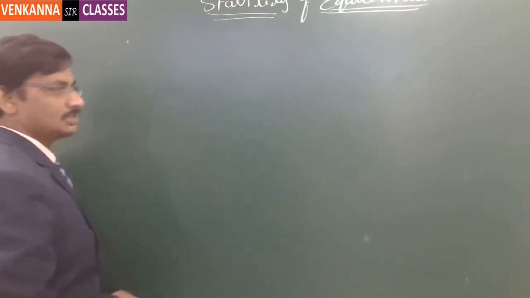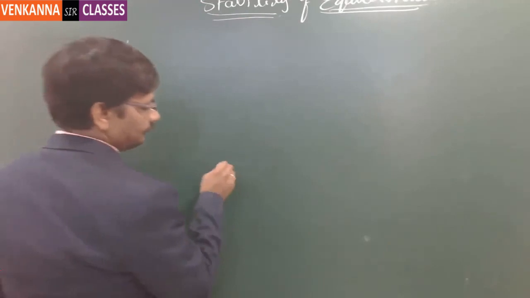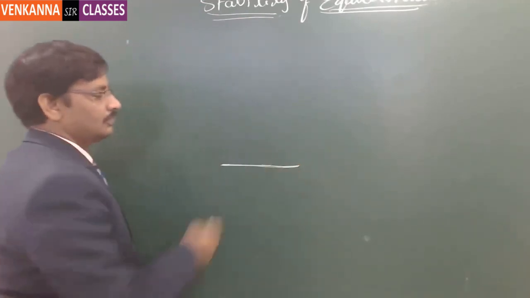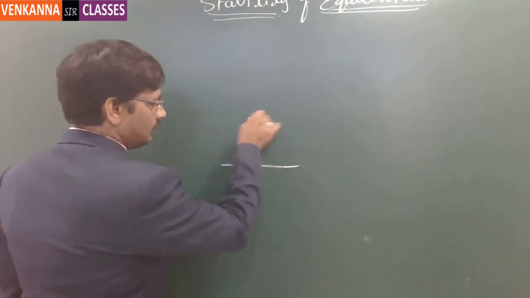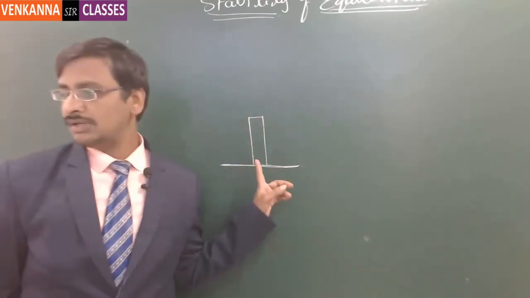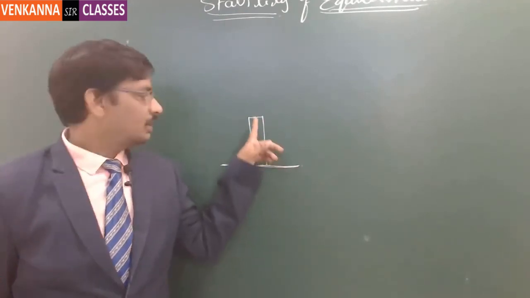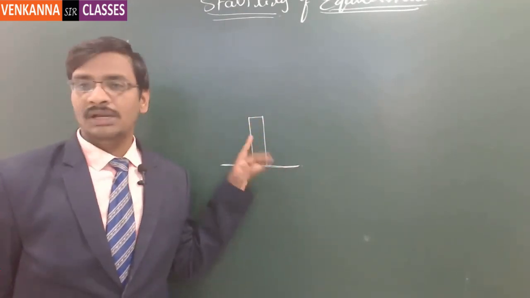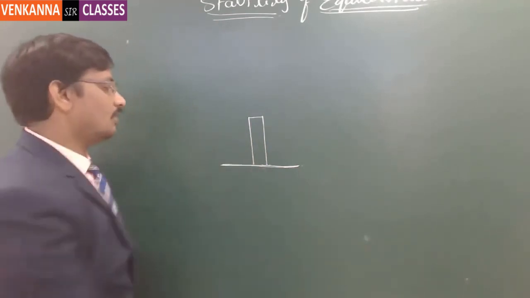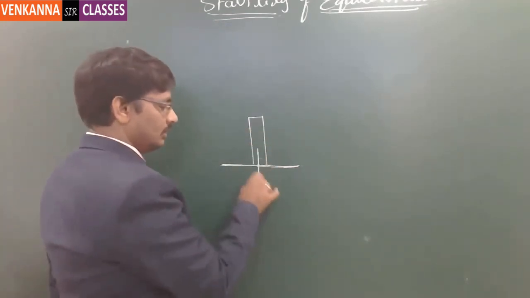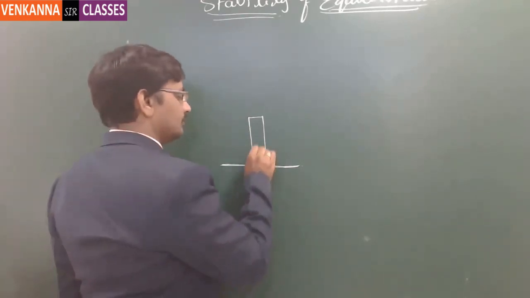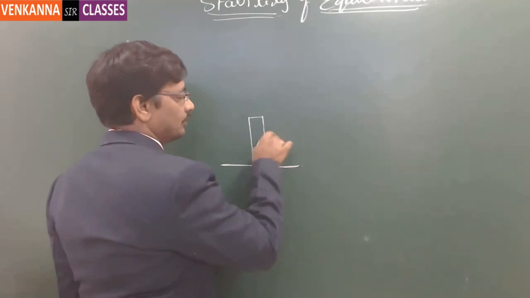Suppose I take this scenario: there is one base, and I place a rod on it, and by balance I try putting it in this particular manner. Now it is under balance condition, and I leave it like this. On this rod the weight acts downwards and the normal reaction acts upwards.